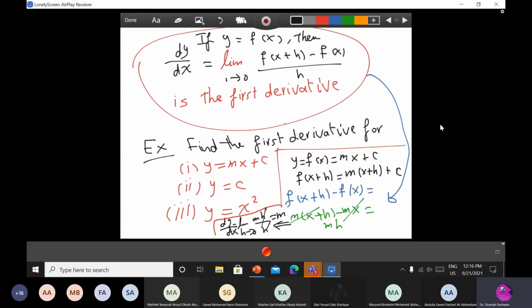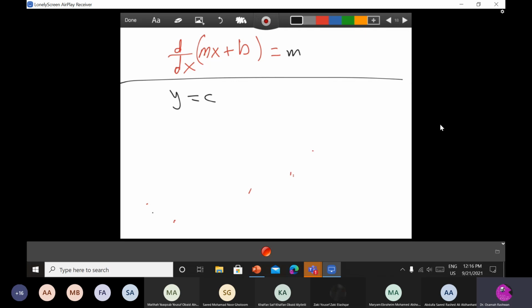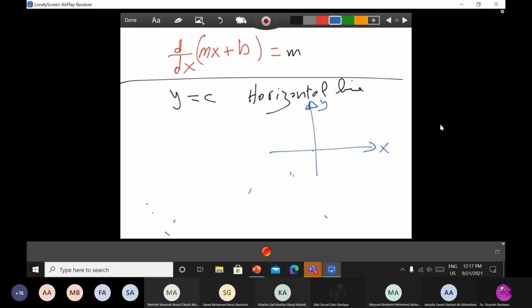Let's go for the next one. y equal to c. What is y equal to c? It is a horizontal line, do you remember? When you have a horizontal line, this is x, this is y, and this is the horizontal line y equal to c. Do you think there is a change in y when x changes?